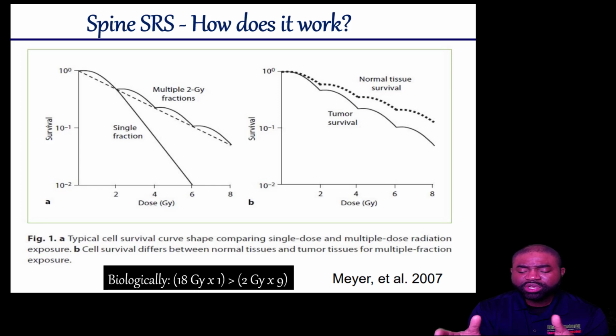So the whole big concept here is that SRS delivers a higher BED, which in turn improves drastically the local control of the disease.